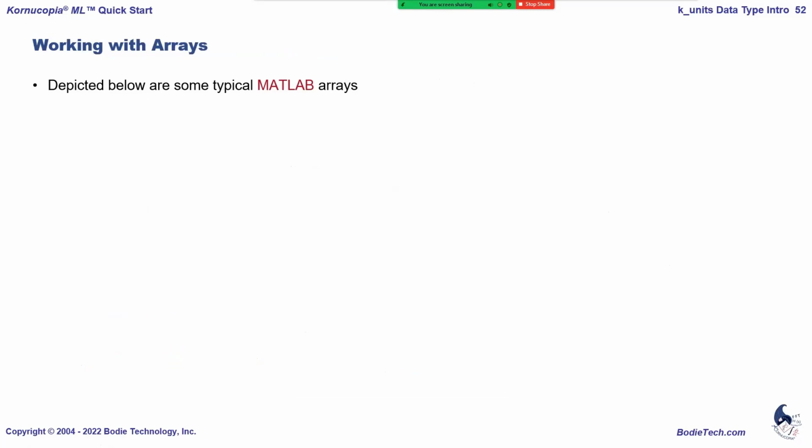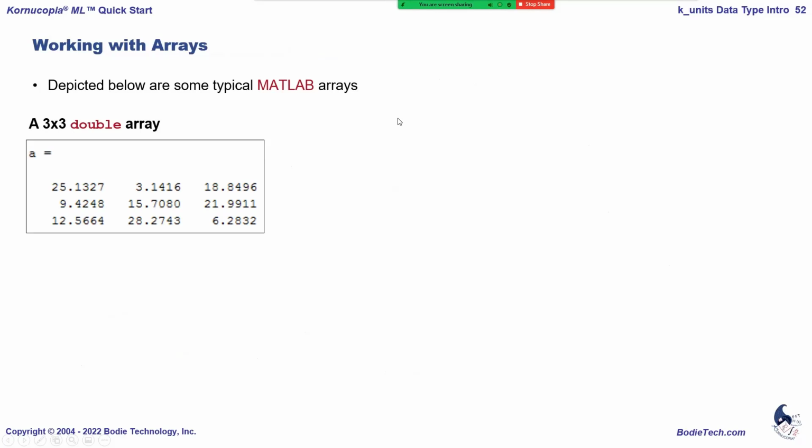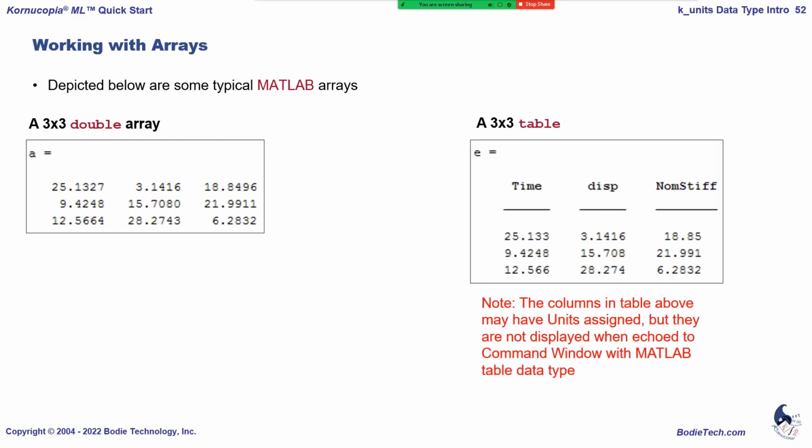I want to make a couple of comments about working with arrays. Here I'm going to depict some MATLAB arrays. This is a 3x3 MATLAB array of type double. And here's a 3x3 MATLAB table. In the MATLAB table, if you echo to the command window, it will echo column names.